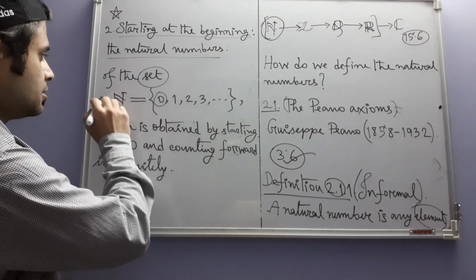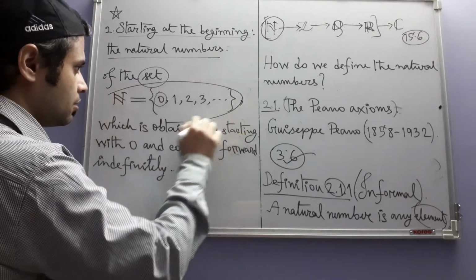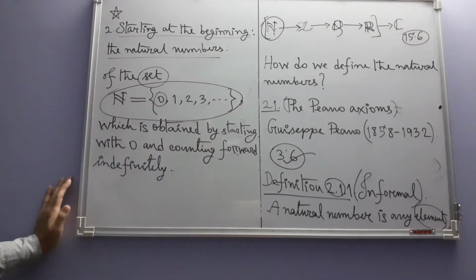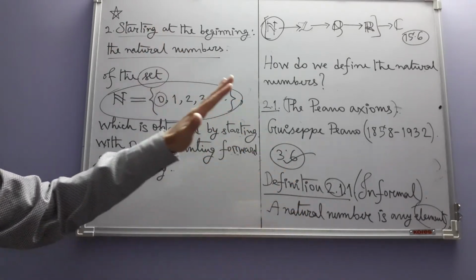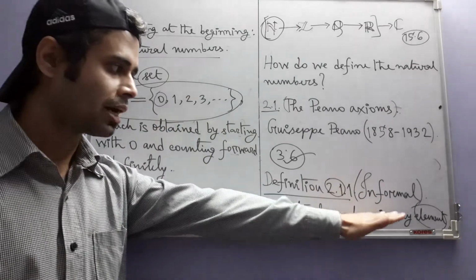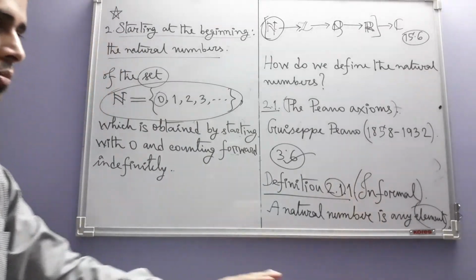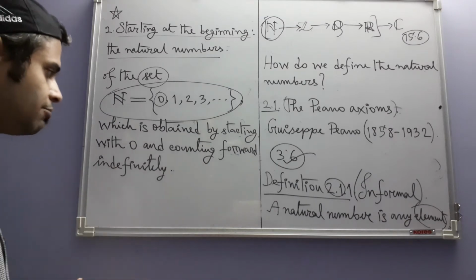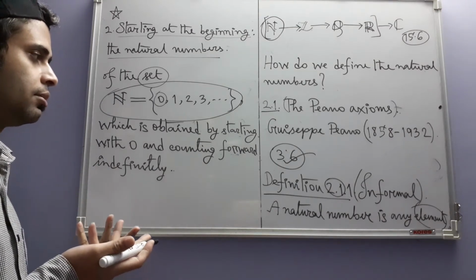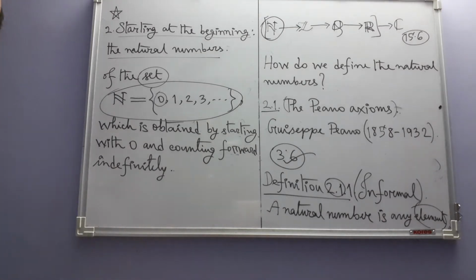So that's why this is informal. It's in the sense of a discussion rather. It's a tentative definition, not an actual definition. And that is just one problem with this definition. But there are more serious problems. This definition is not a definition at all.